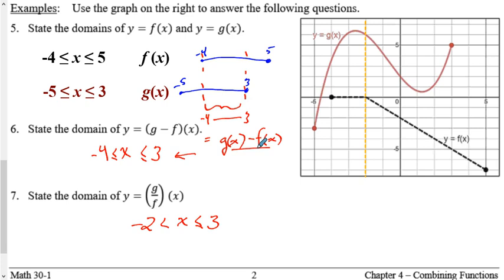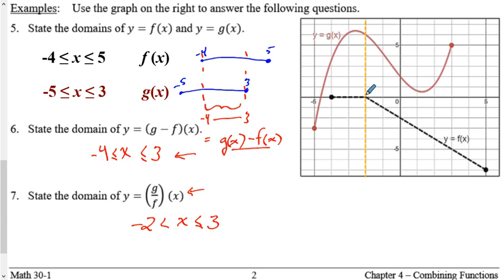The one additional restriction we needed to consider was when we were dividing the two functions. If we're dividing two functions, we also need to consider what makes this denominator function 0. So that's what we looked at here, and we saw this denominator function was 0 all the way from -4 up to -2.